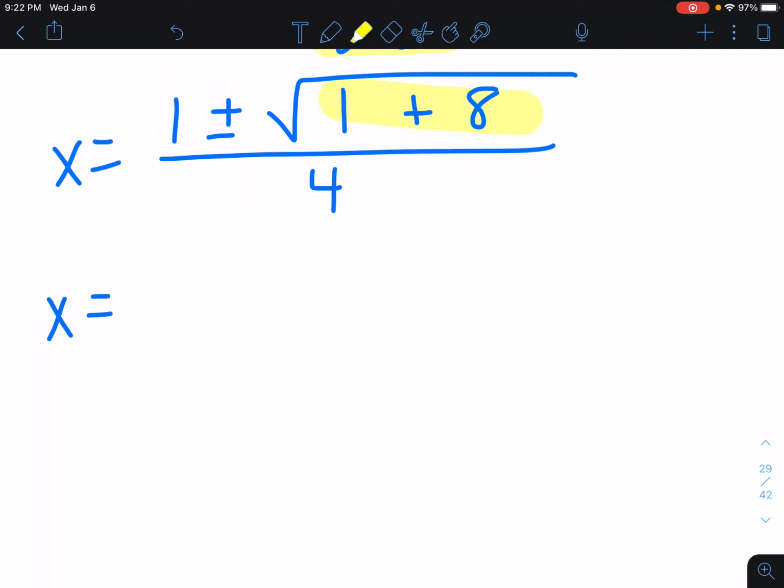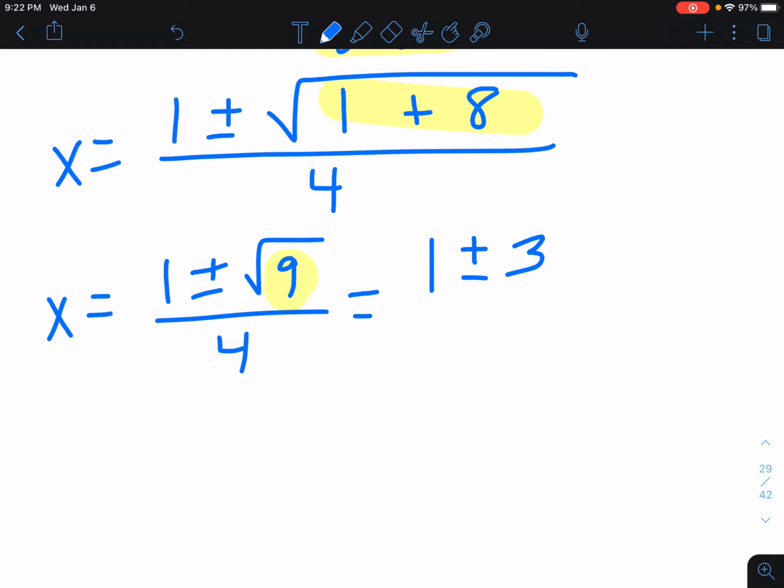Remember, you add or subtract in your radical next, so I'm going to be adding that to get the square root of 9. Remember, after that, you want to try to get your square root. What is the square root of 9? Easy, it's 3.